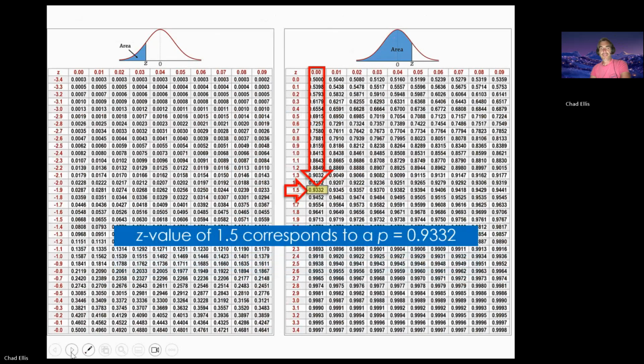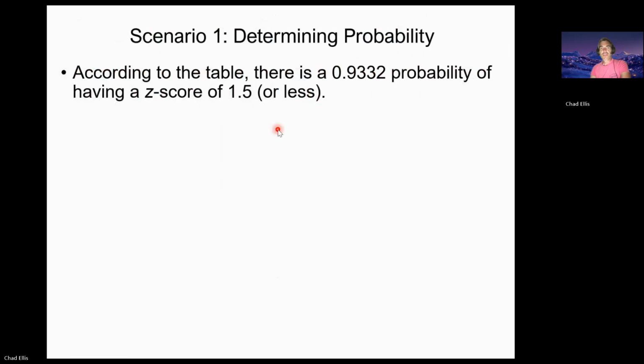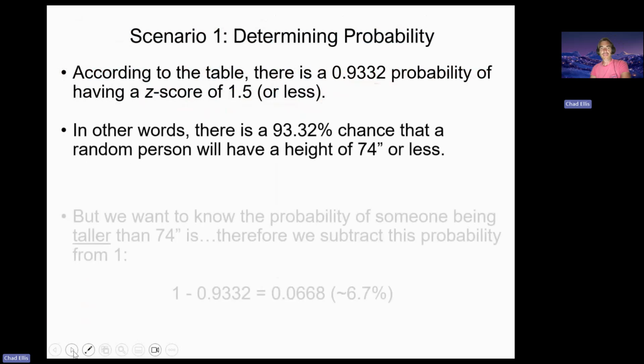So according to the cumulative table, there is a 0.9332 chance of randomly selecting somebody with a z-score of 1.5 or less. But that's not what the question was asking.